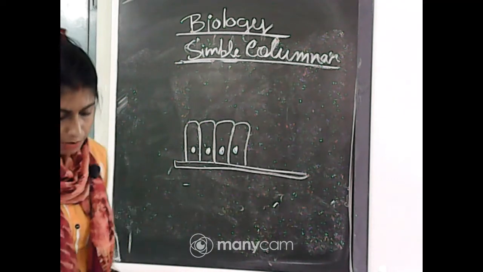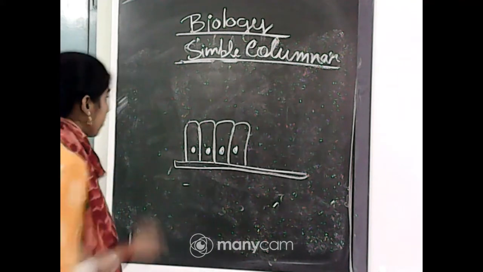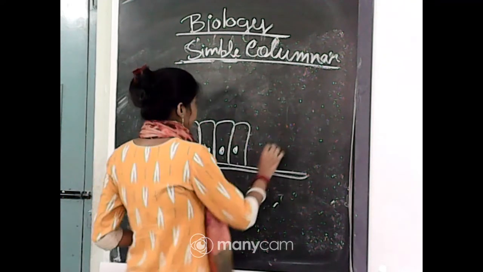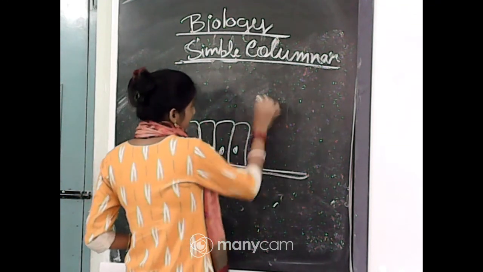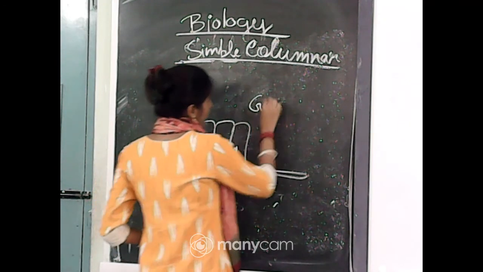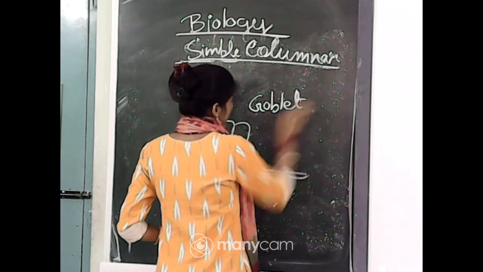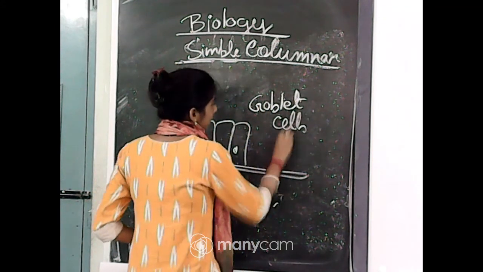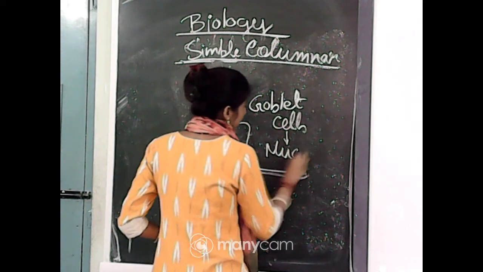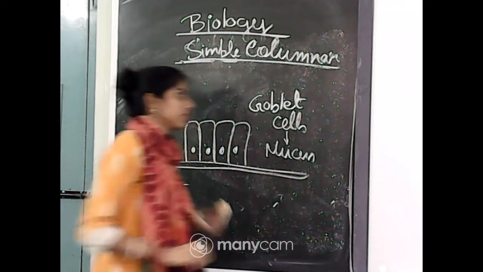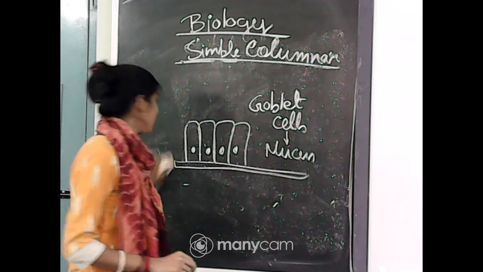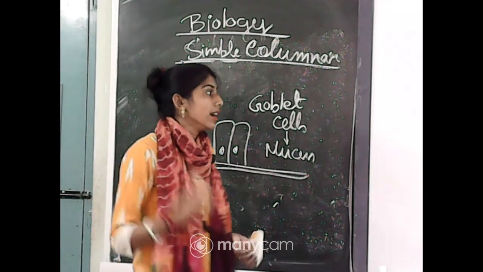In some columnar epithelial tissue, some cells are present which are called goblet cells. Goblet cells can secrete mucus. In some special columnar tissue, they are modified to secrete mucus.